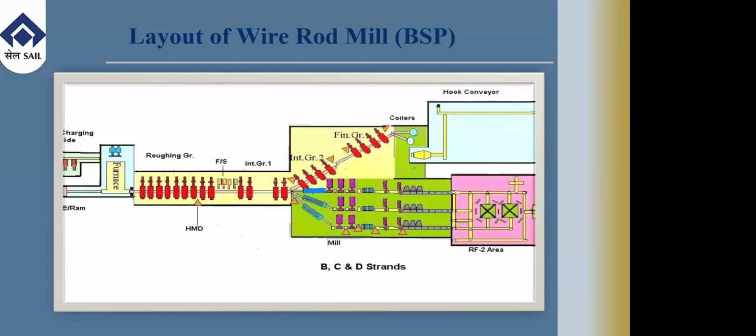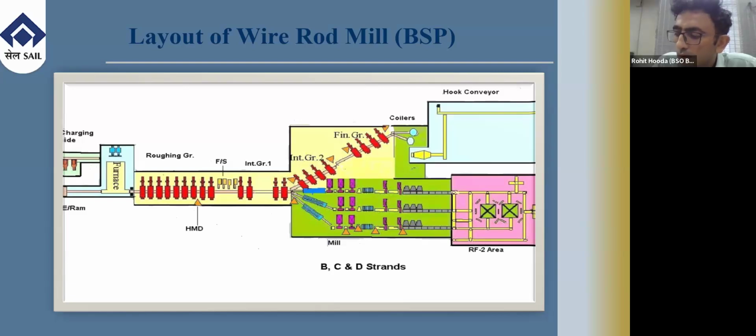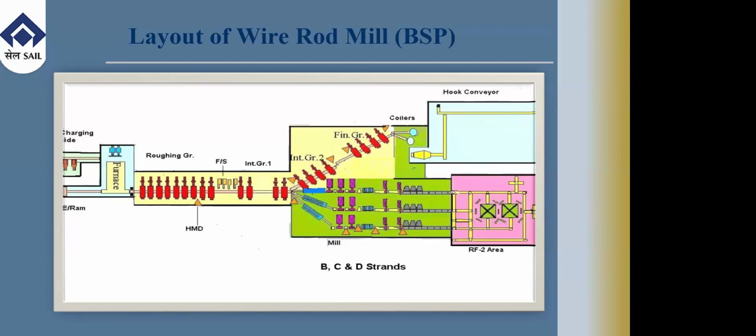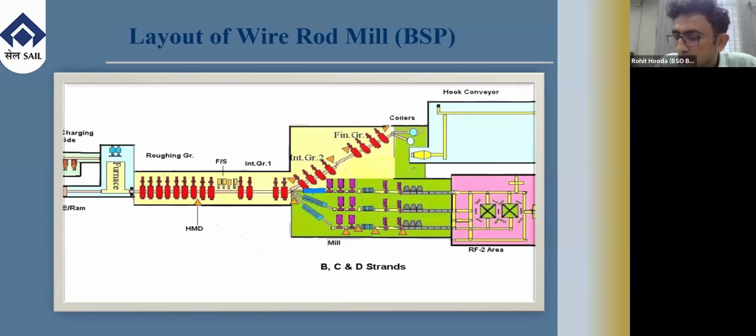We selected this grade for our new product development by RDCS and CMO last year, but we could not make it a success. The end product is 1.2. Customers are able to draw up to 2 mm, but after 2 mm, it was getting broken.